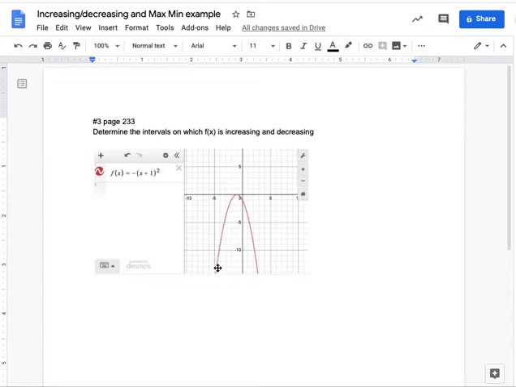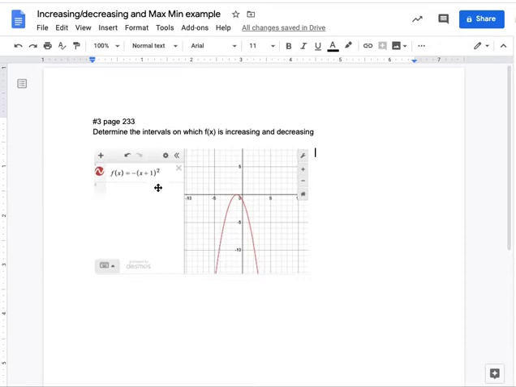So very quickly, we can take a look at this. If we remember from back in algebra, we know that this is in vertex form. In vertex form, we can see that our vertex is shifted plus 1, which means 1 unit to the left. We don't have an addition or subtraction outside the parentheses, so that tells us the vertex has not shifted up or down.